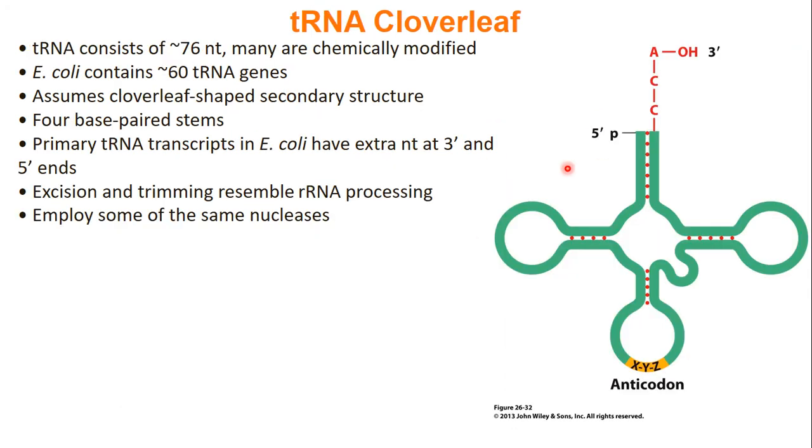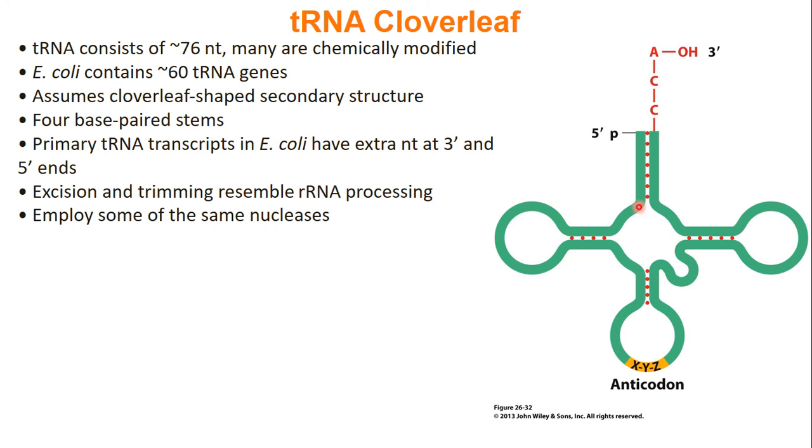The next structure we're going to look at is tRNA. And tRNA is roughly 76 nucleotides with a lot of chemical modifications. E. coli has 60 different tRNA genes, and tRNAs will take this cloverleaf shape where you have 4 stems that have base pairing. When you first transcribe it, the primary tRNA transcript, you'll have extra nucleotides at the 3' and 5' end.